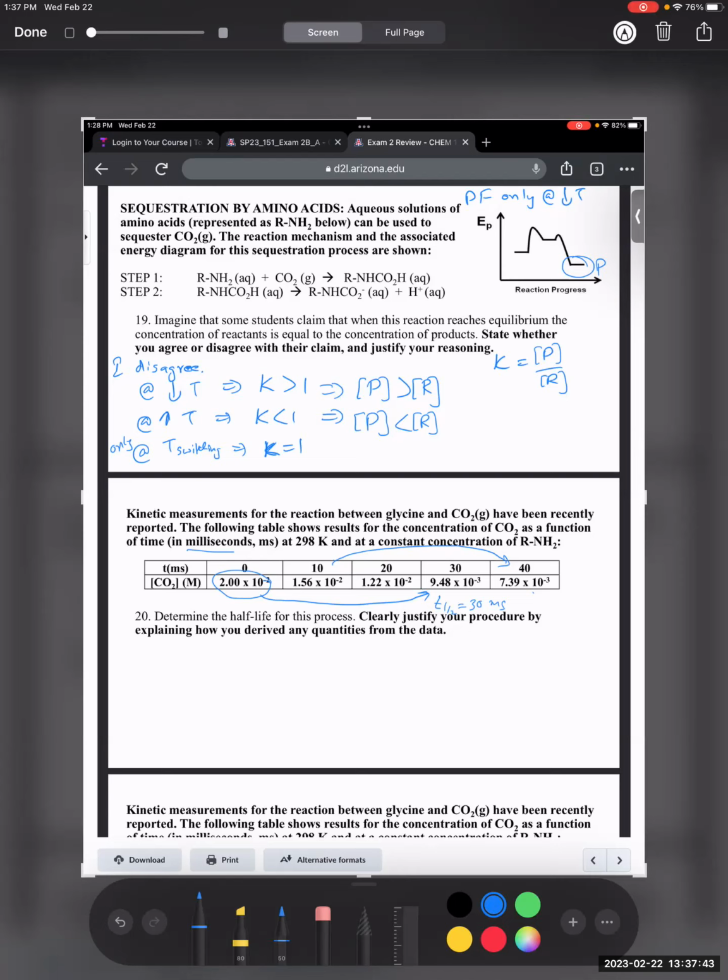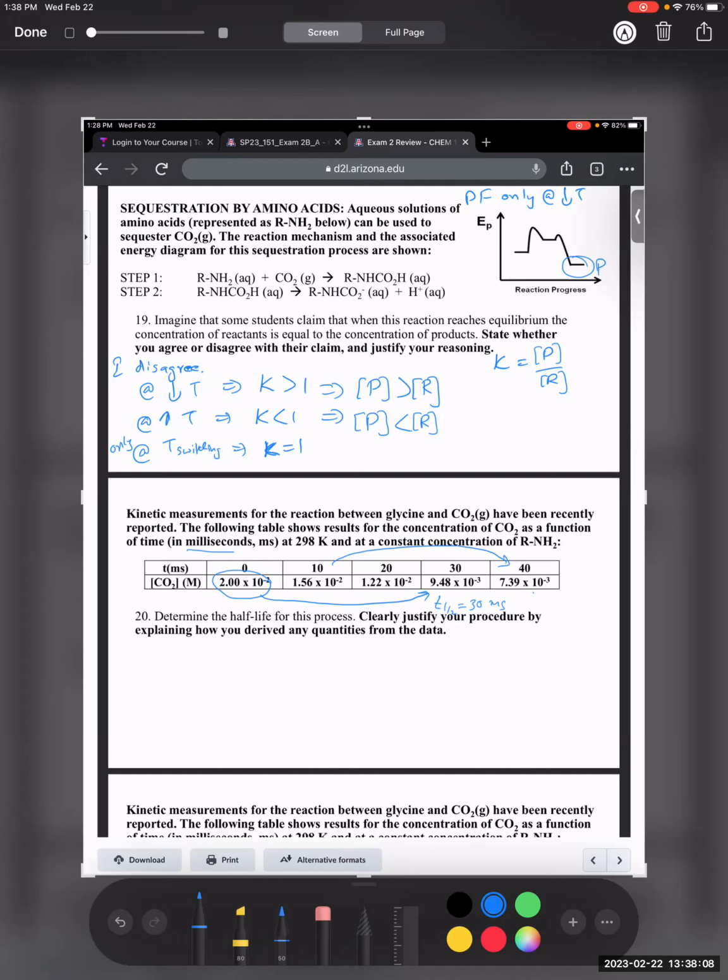Insert graph. And then it turns out for the concentration versus time graph, the R squared value is around 0.988.